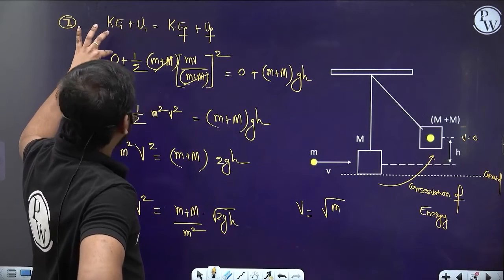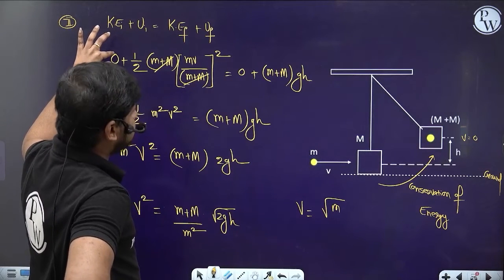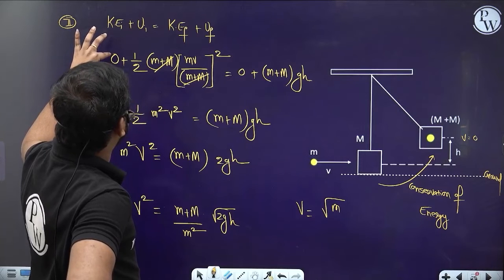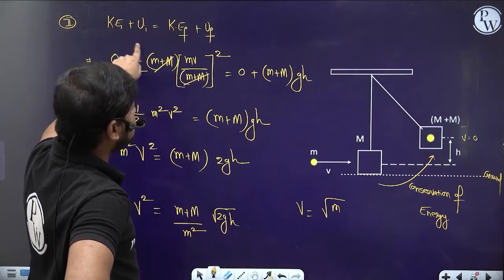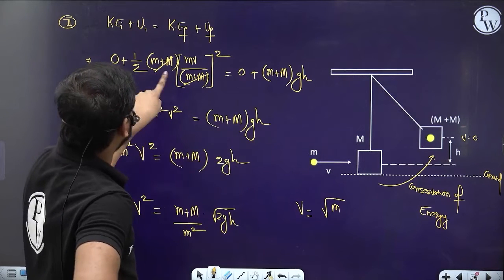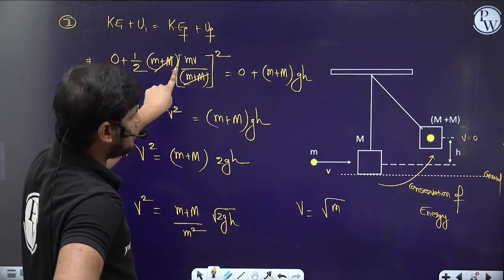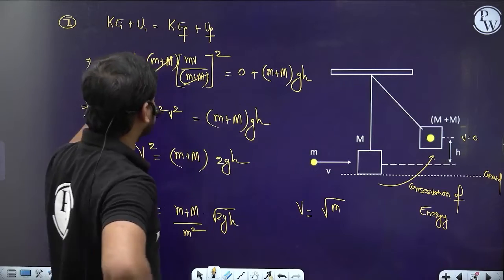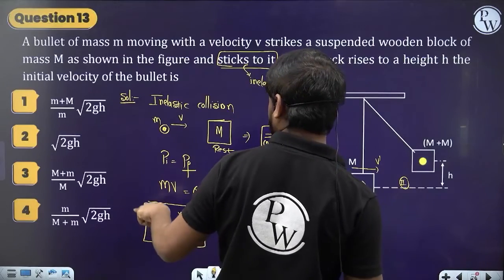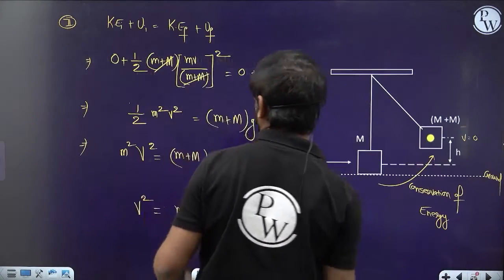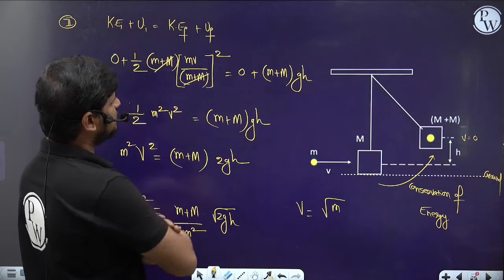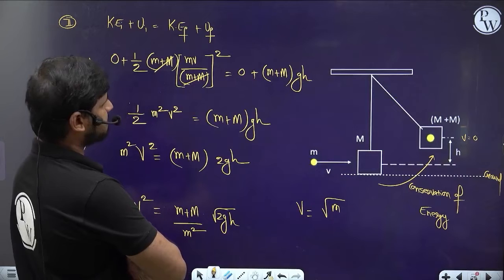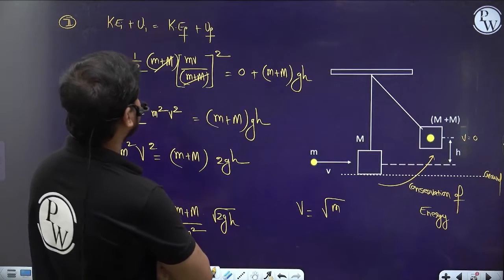Initial kinetic energy, initial potential energy 0, half into mass of the bullet plus mass of the gun, M plus m, into the velocity. What is the velocity? We got mv by (M plus m), mv by (M plus m) whole square is equal to 0 plus (M plus m) into gh, fine.